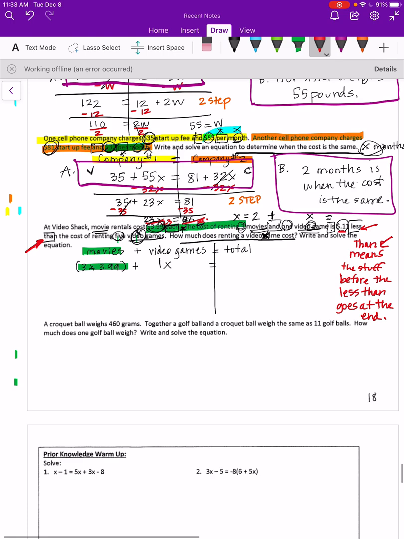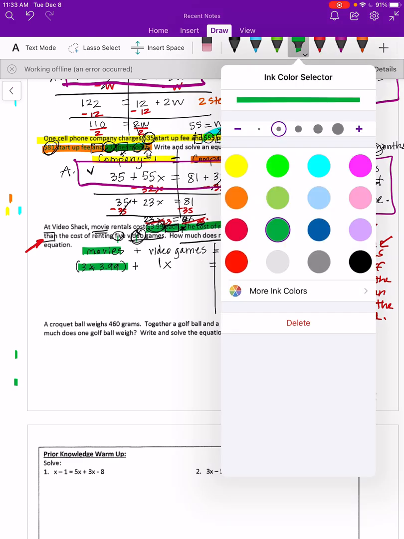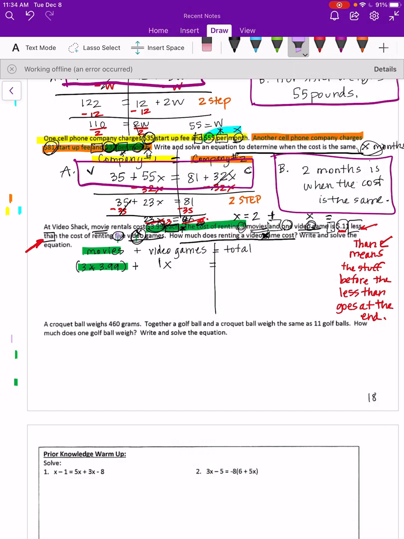So this 11 cents goes at the end, and that means this whole 5x part for video games, and maybe I make this purple. Video games here, 5 video games is going to go first. So video games here, and then that's a video game, because this was 1 video game, and now I'm going to write 5x minus 11 cents, because again, I have to flip-flop them because of that "less than."